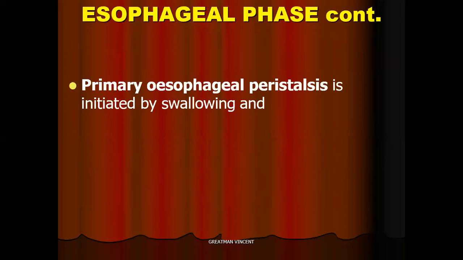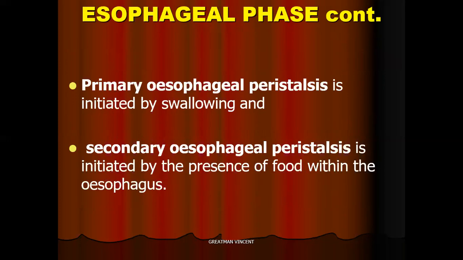We have the primary esophageal peristalsis, which is initiated by swallowing, and then we have the secondary esophageal peristalsis, which is initiated by the presence of food within the esophagus. Primary esophageal peristalsis is the situation whereby food is moved down, induced by swallowing. If you swallow something, there will be reflex primary esophageal peristalsis to make sure food is moved down.